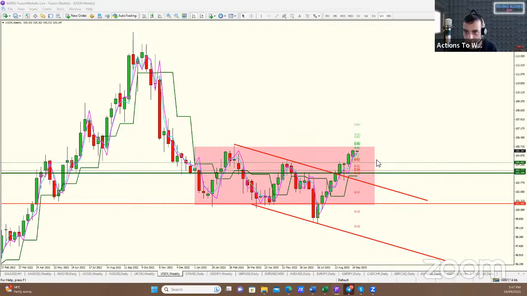When you look at what the messaging has been, the Fed have still got every reason to raise, at least another quarter percent, at least another 25 basis points. Inflation isn't where they said they want to get it.